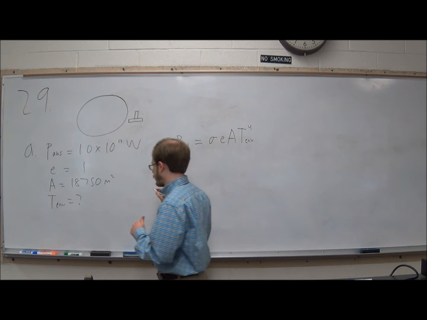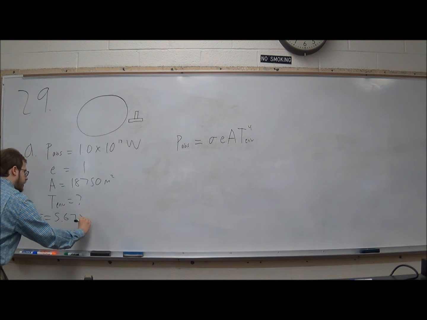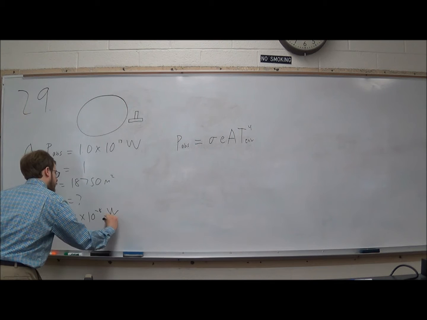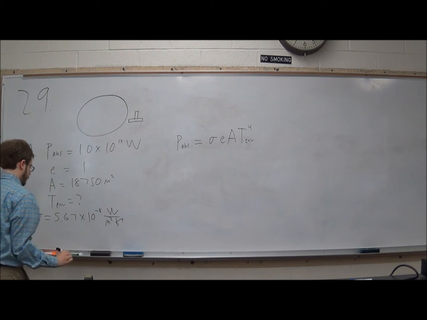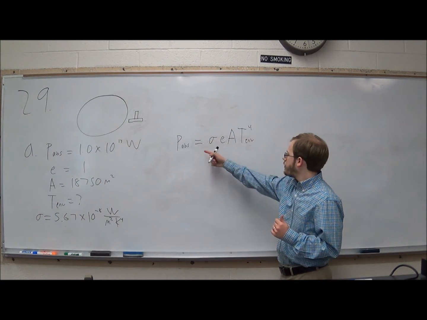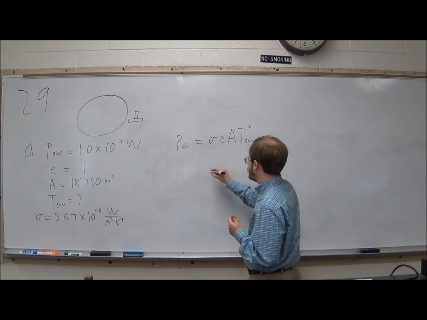And remember, sigma is 5.67 times 10 to the negative 8 watts per meter squared Kelvin to the fourth. All right. So we know everything here except for the temperature of the environment. So let's solve for that.